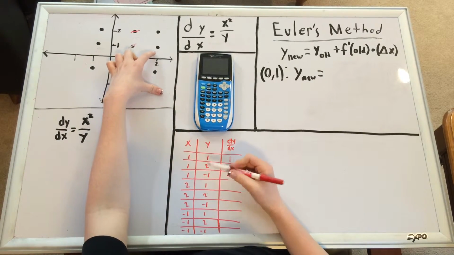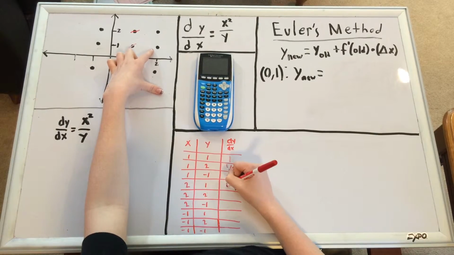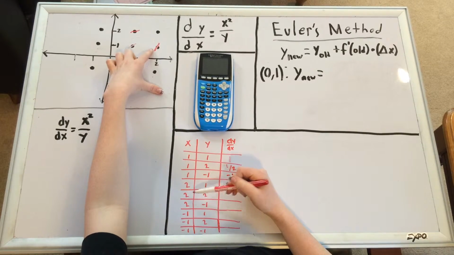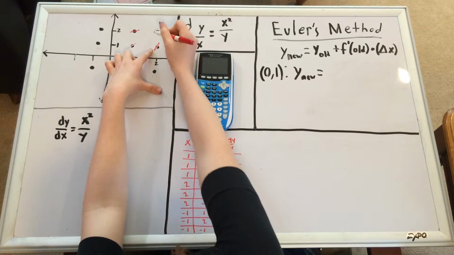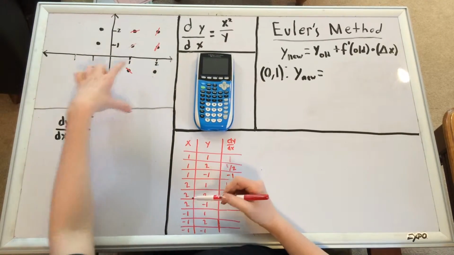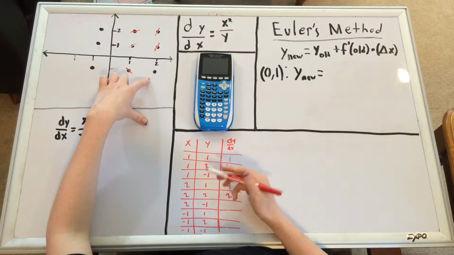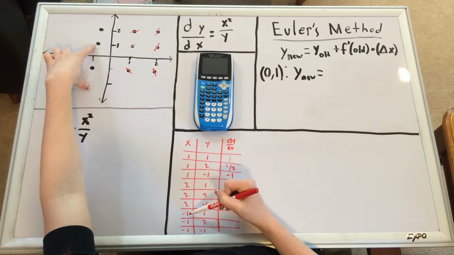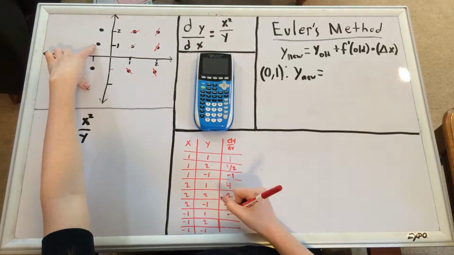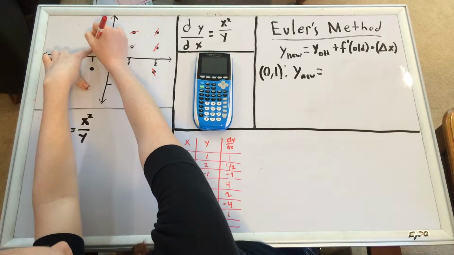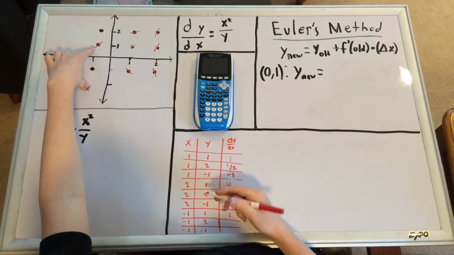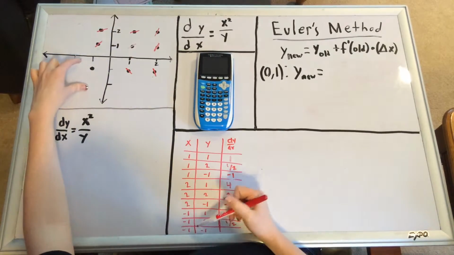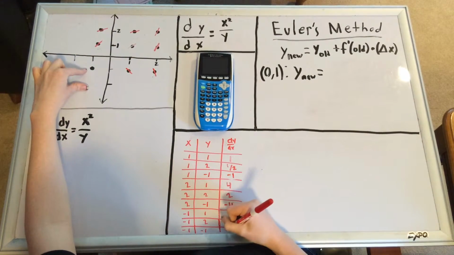Following with 2 squared divided by 1, this will be 4. 2 squared, which is 4, divided by 2 will equal 2. And then 2 squared divided by -1 equals -4. -1 squared is still 1, divided by 1 gives you 1. And then 1 squared divided by 2 is 1/2. And -1 squared divided by -1 is -1.